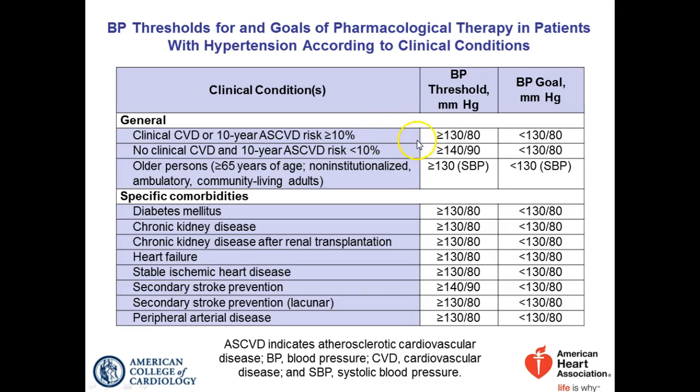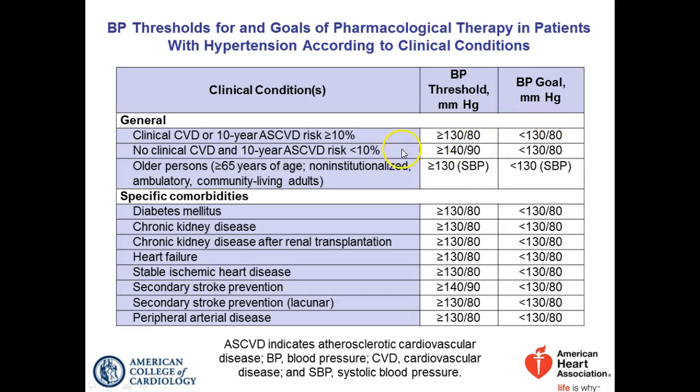So we're looking at folks who, and we're going to talk about in a minute how to calculate their 10-year ASCVD risk, but someone who's at higher risk for cardiac events in life, we are going to enter the algorithm and start treating them with drugs when their blood pressure is consistently over 130/80.